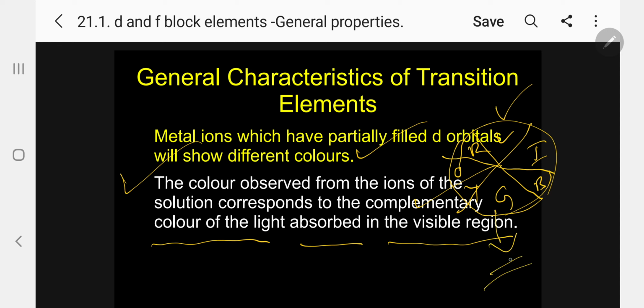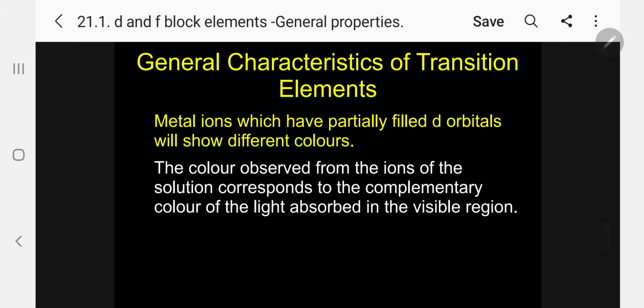What we see is only the emitted color, that is green. In the same way, if green is absorbed, the emission will be violet. Like this, you just see the opposite. This wheel is called the Bunsen wheel. From this, we can easily identify what color will come out from the absorption. Depending upon the absorption of light, the emission will be different. What we see as color in the visible region is only the emitted light.